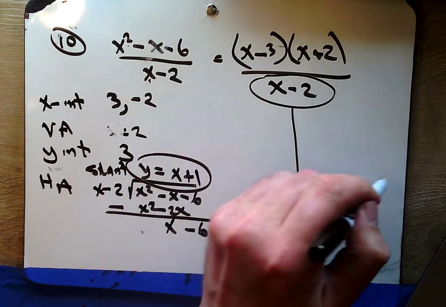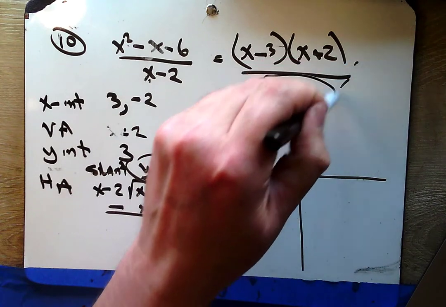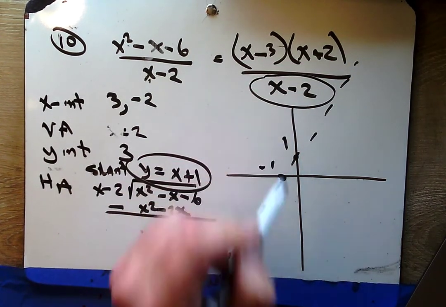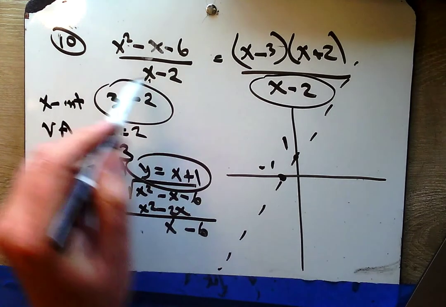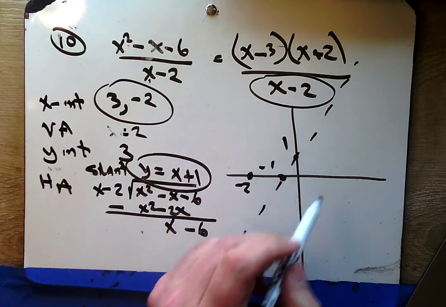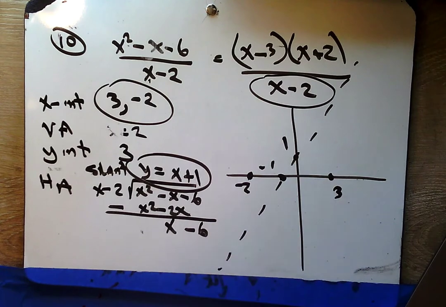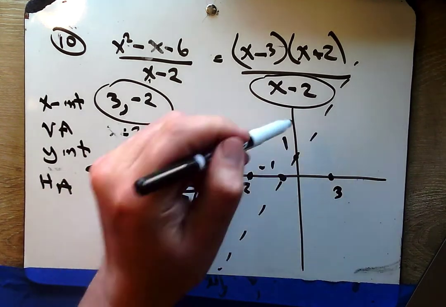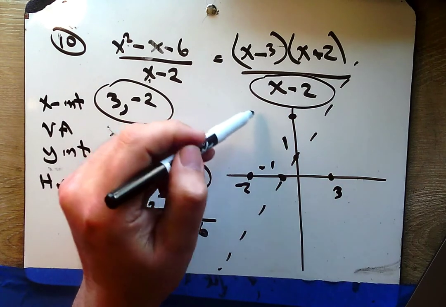I usually find it helpful to graph the slant asymptote first. Negative 1, 1. We've got x-intercepts at negative 2 and at positive 3. We have a y-intercept at 3. That's up here.